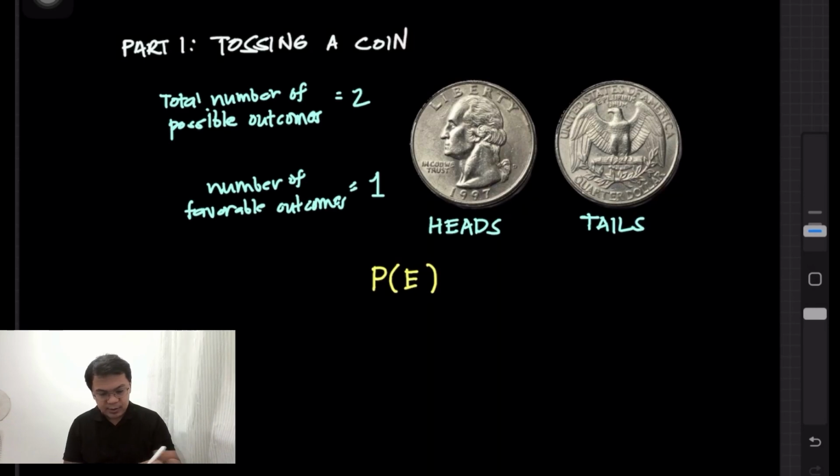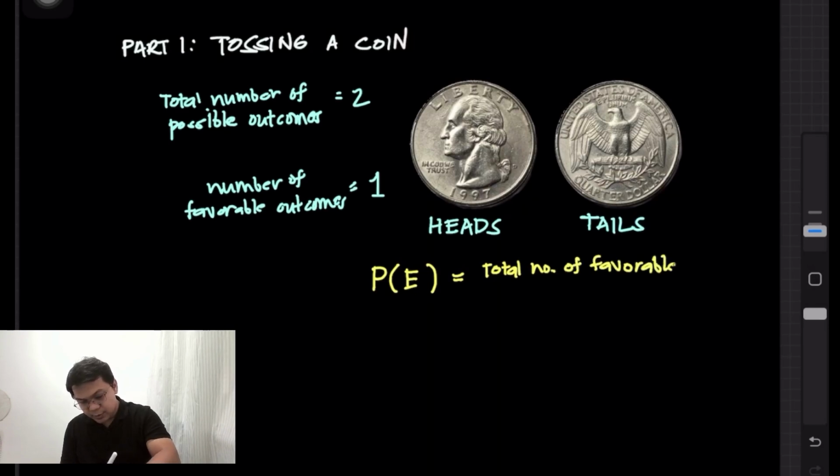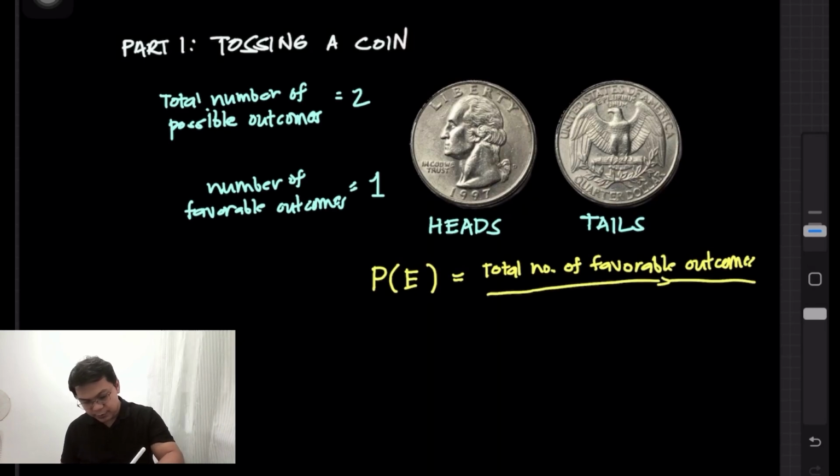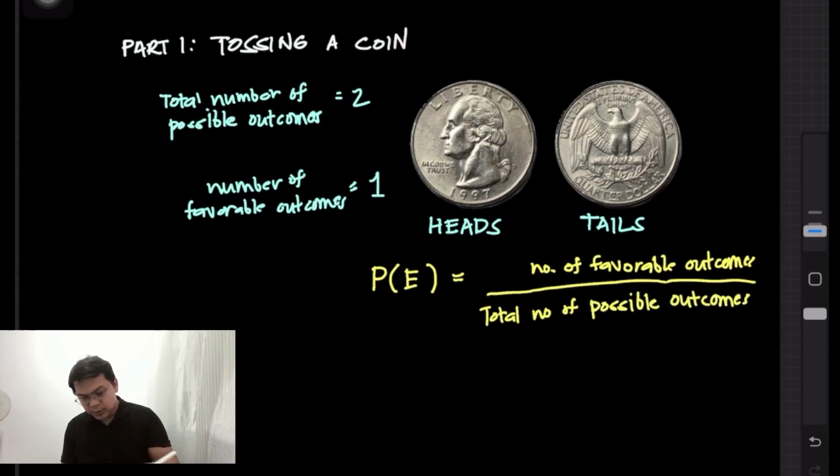In this case, we just added E for the event, which is equivalent to the number of favorable outcomes over the total number of possible outcomes. In discrete math, we have favorable discrete outcomes over the total number of possible discrete outcomes as well.